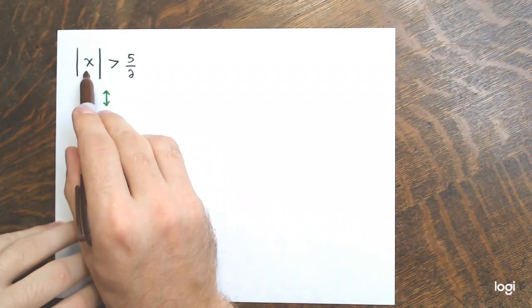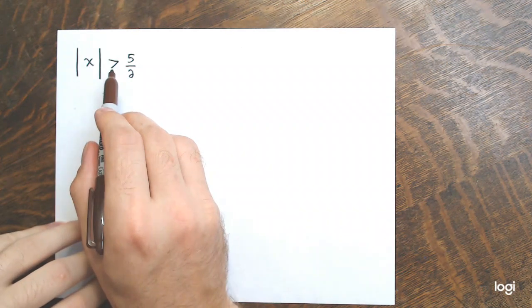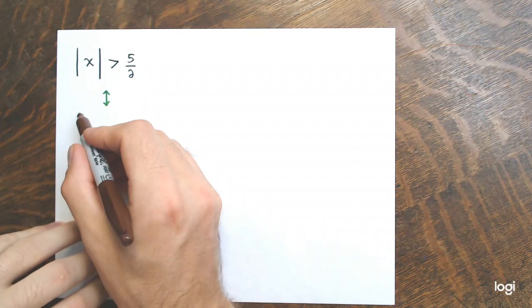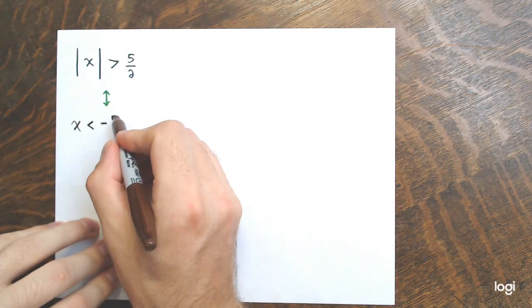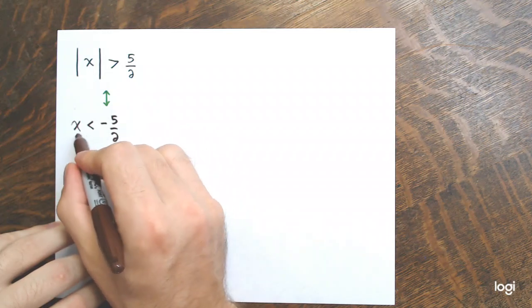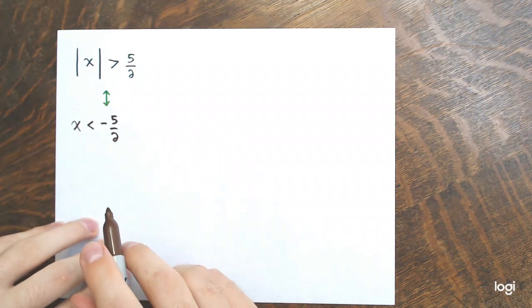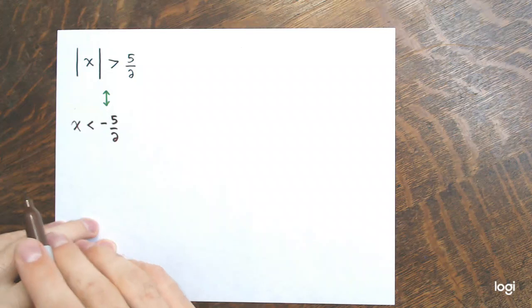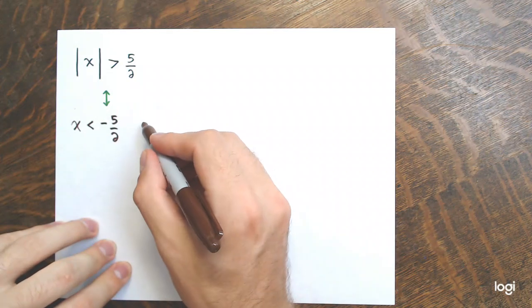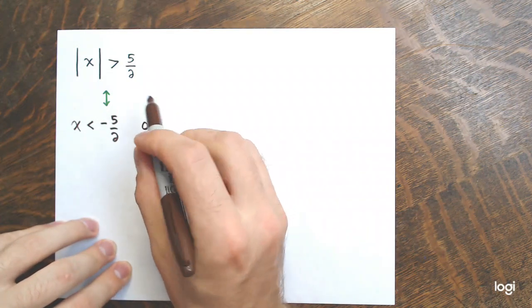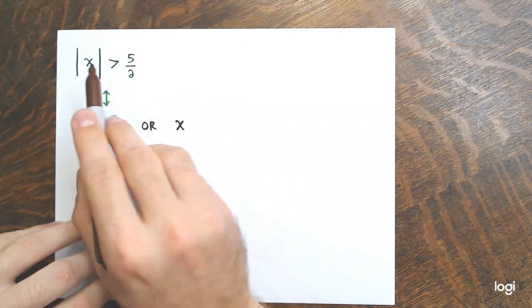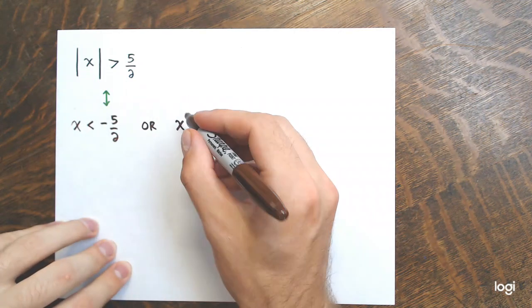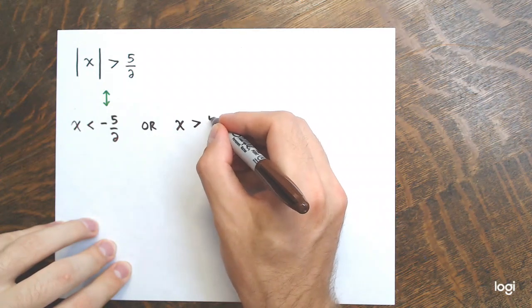So saying that the absolute value of x is greater than 5 halves means that x has to be less than negative 5 halves. This is all the numbers left of negative 5 halves, more than 5 halves units away from 0. Or, always "or" here with greater than or greater than or equal to, this number x inside the absolute value symbol could be a number greater than positive 5 halves.